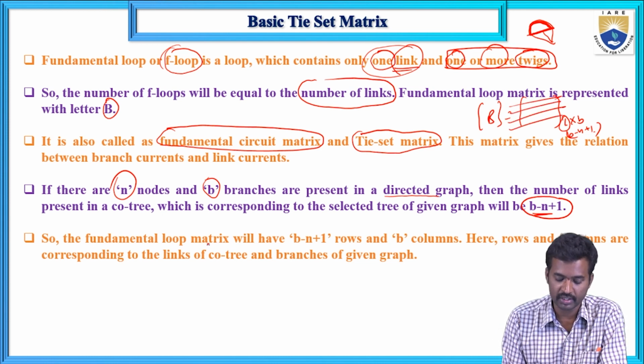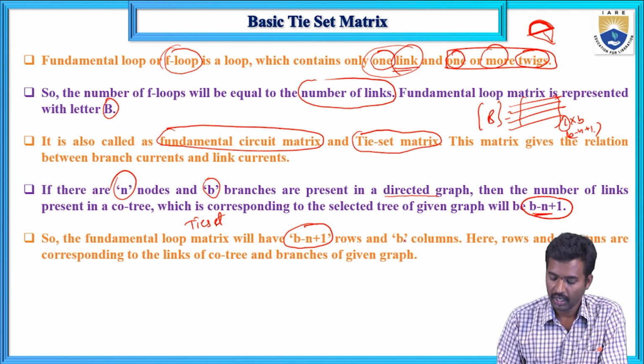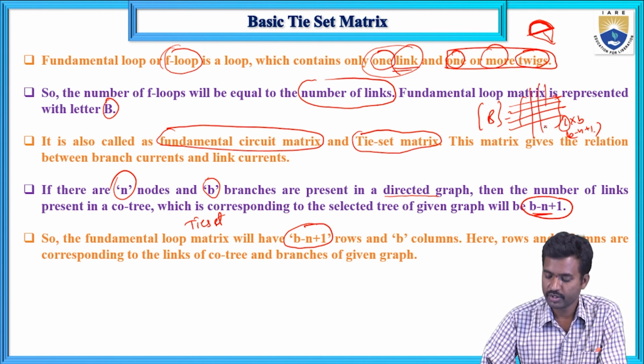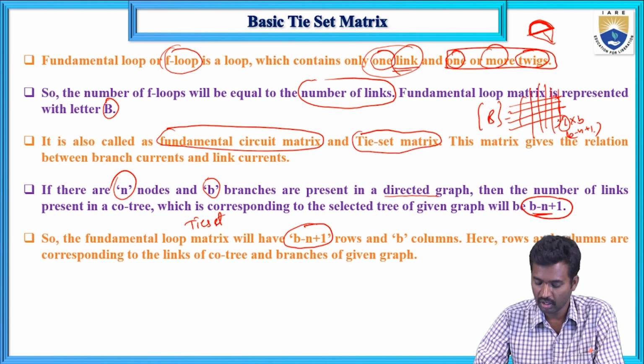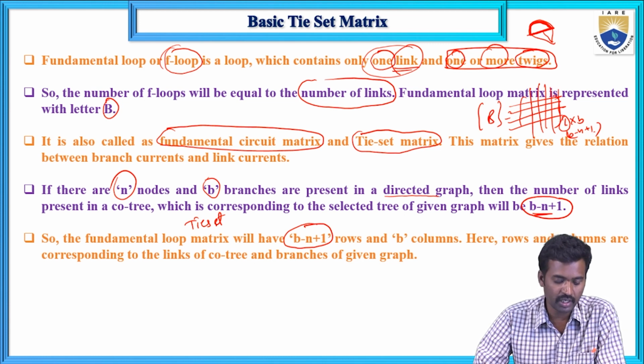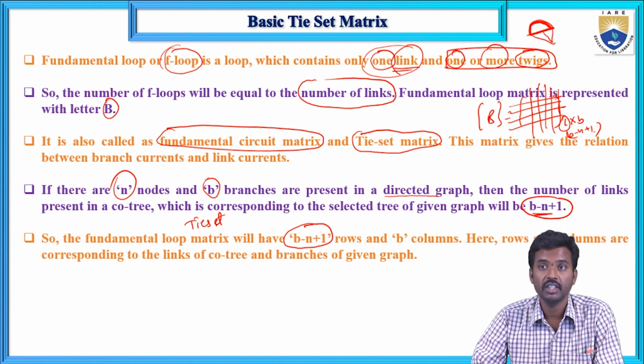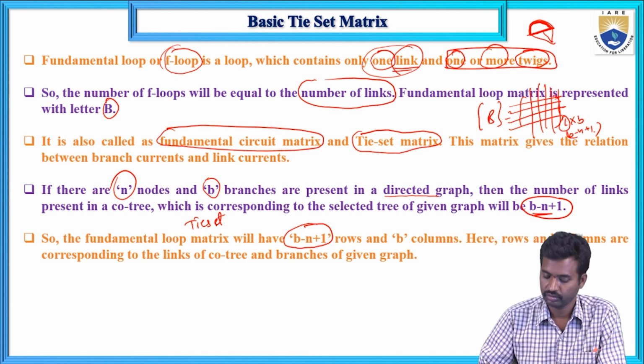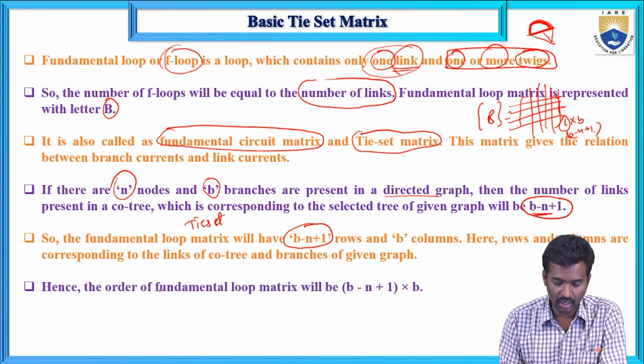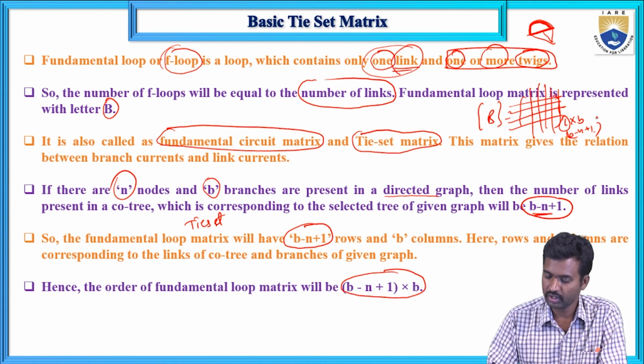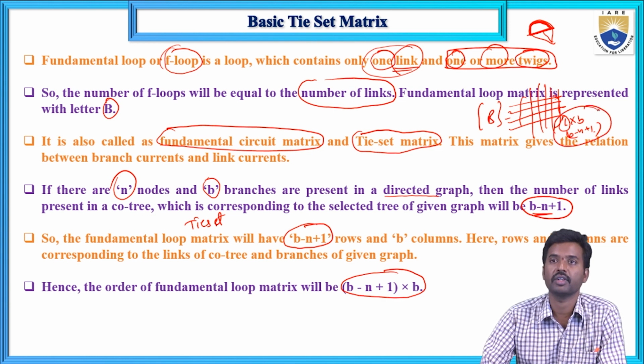The fundamental loop matrix, that means the tie-set matrix, will have B minus N plus 1 rows and B columns, the number of branches. Here rows and columns correspond to the links of the co-tree and branches of the given graph. Hence, the order of the fundamental loop matrix is B minus N plus 1 cross B.